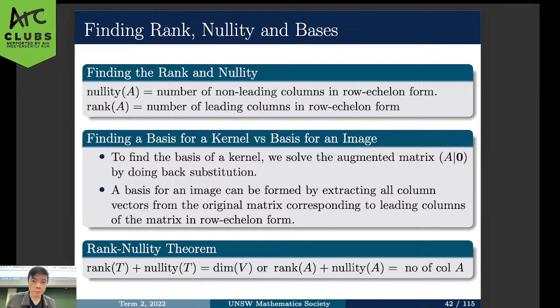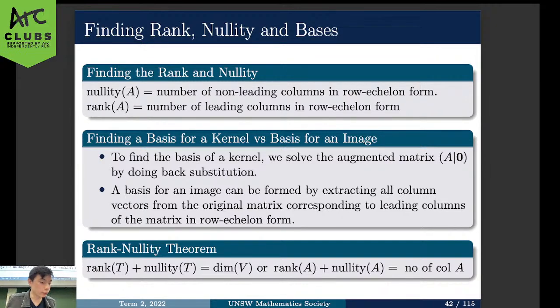To find the rank and nullity, essentially we put the matrix into row echelon form, and we count how many leading and non-leading columns there are. The number of non-leading columns is the nullity, and the number of leading columns is the rank.